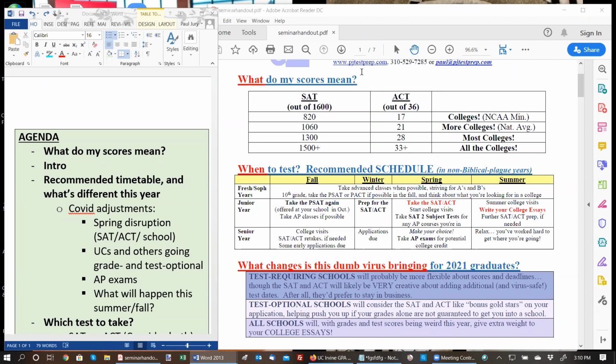And the SAT and the ACT, they don't want to become irrelevant. They don't want everybody to have a year where SATs weren't required, and then people are like, the SATs aren't that big a deal. Maybe we don't need them anymore. The SAT doesn't want to lose $1 billion, so they're going to try really hard to find ways for kids to be able to test without there being a big risk.